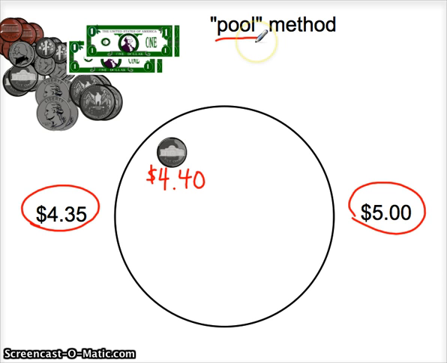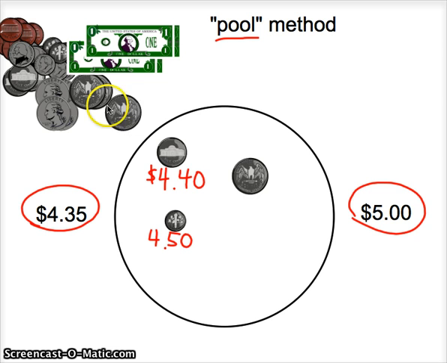The next thing I would want to put in there is a dime, because that gets us to $4.50. So now we're at $4.50, and there's a really quick way to get up to $5, and that's 2 quarters. So this would be $4.75, and this is $5.